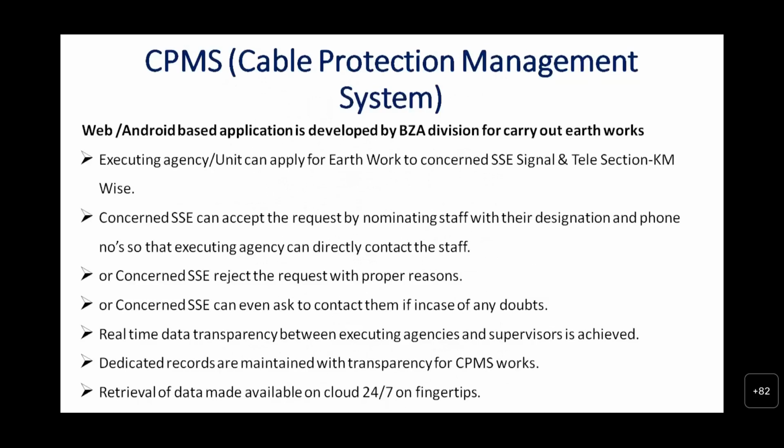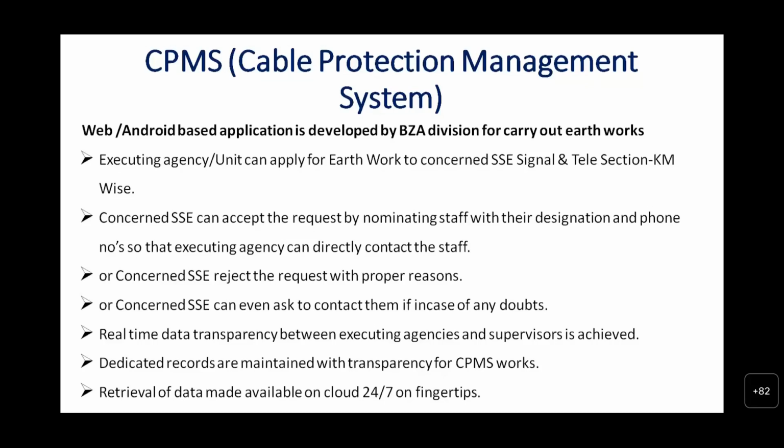A web and Android based application is developed by the Vijayawada division for carrying out earthworks. Directivity has already been given by the headquarters, by PC History sir, to all the divisions to implement, and most of the divisions have already taken up the work.